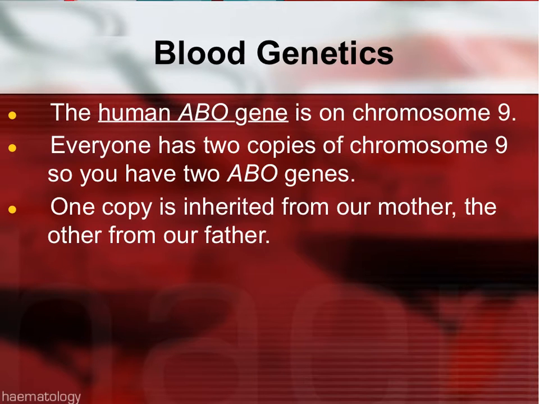So the human ABO gene is on chromosome 9, just so happens to be, and you're going to get one chromosome from mom, one chromosome from dad. And like I said, it's the same gene, and you're going to have a different allele potentially on each gene.